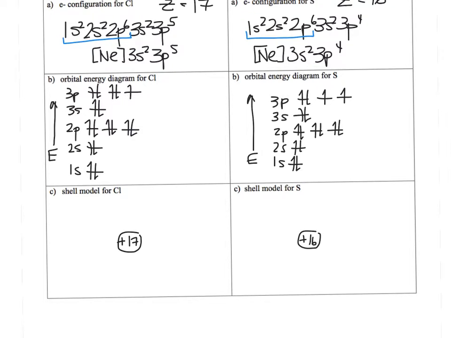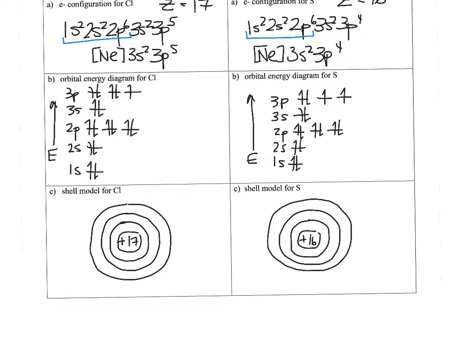So we can see from what we've drawn up here and here that chlorine and sulfur both have electrons in 3 shells. So I've drawn those 3 shells, and for chlorine there's going to be 2 electrons in the first shell. That's right here. There's going to be 8 electrons in the second shell. 1, 2, 3, 4, 5, 6, 7, 8.